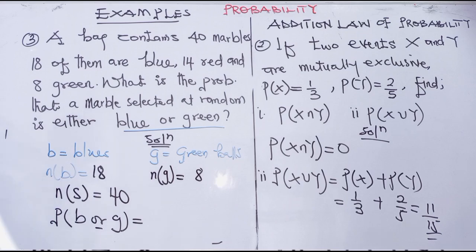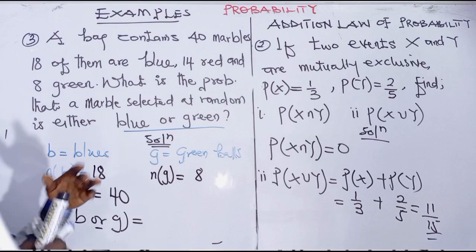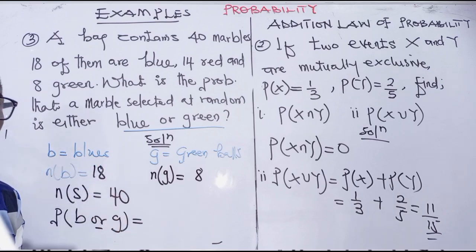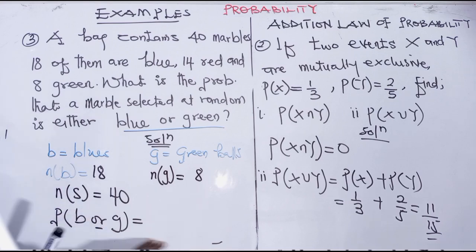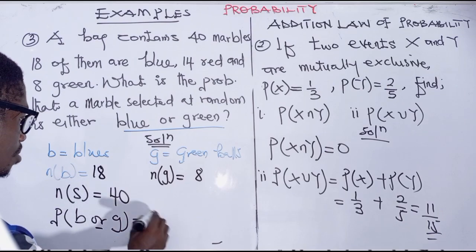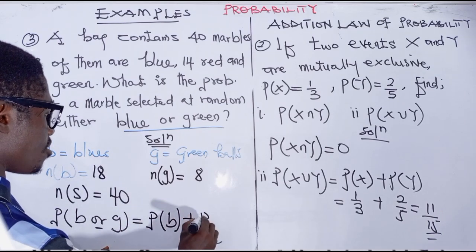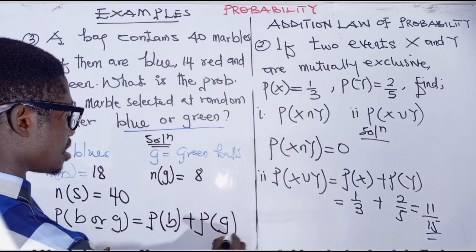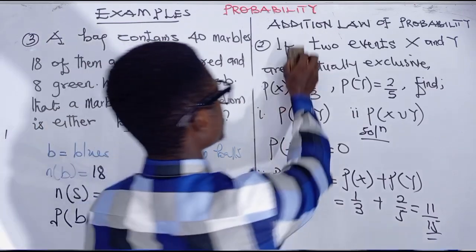It is either going to be a red color, a green color, or a blue color, but not a mixed color. So picking a marble from the bag is a mutually exclusive event. In that case, we are going to use this addition law: probability of picking a blue ball plus probability of picking a green ball. Very, very easy, and as easy as ABC.